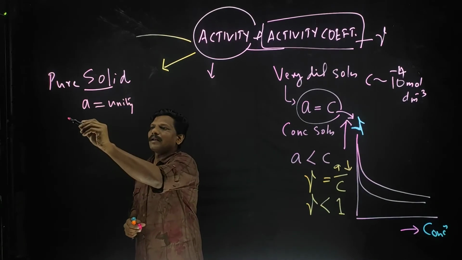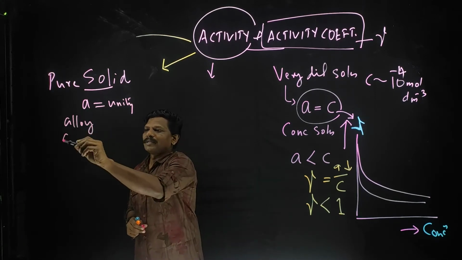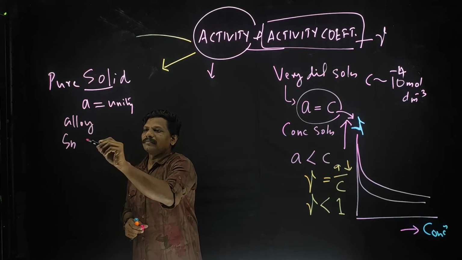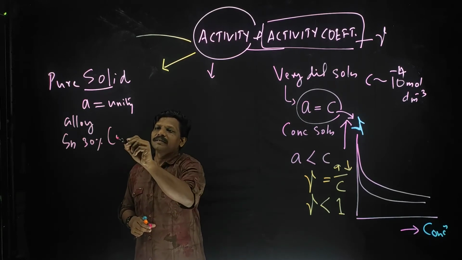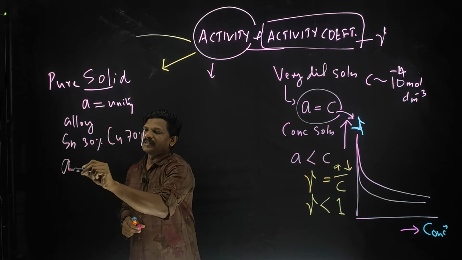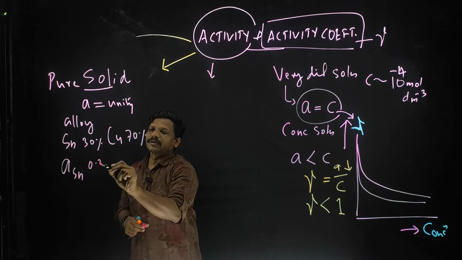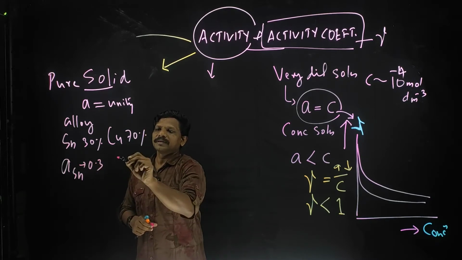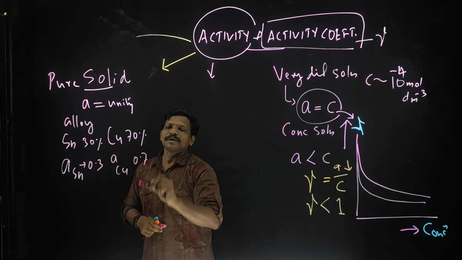Suppose you are taking an alloy. That means tin 30% and copper 70%. Your activity of tin is equal to 0.3, and activity of copper is equal to 0.7.